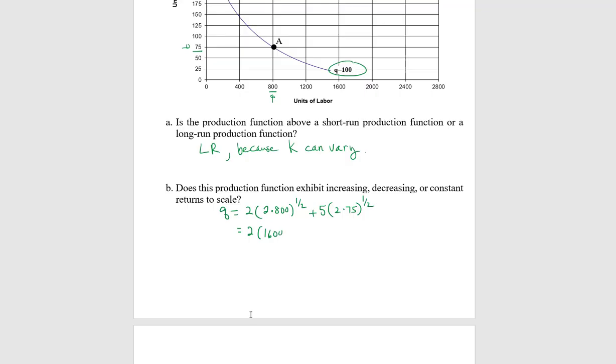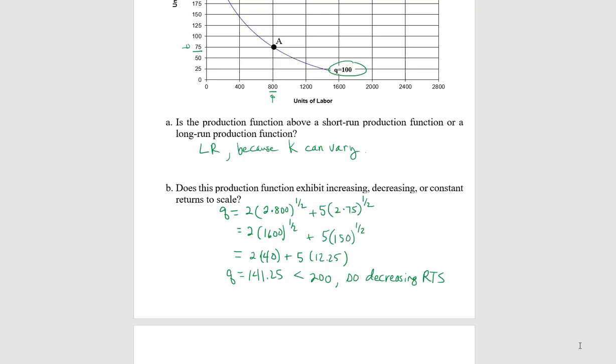So 2 times the square root of 1600 plus 5 times the square root of 150. Remember, the 1/2 power is the same thing as saying the square root. So I get 2 times 40 plus 5 times 12.25. And this gives us a quantity of 141.25. Since this is less than double the output that we had before, we have decreasing returns to scale.